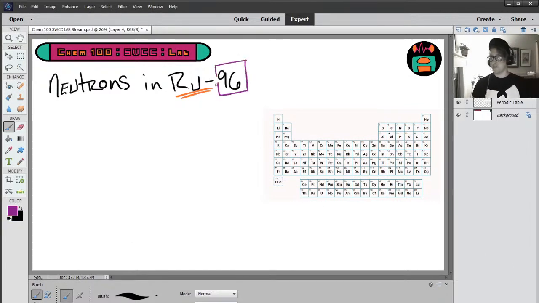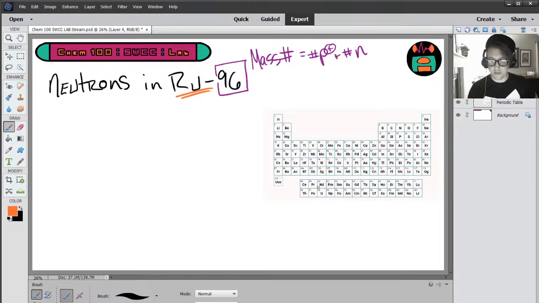This is the isotope name, Ruthenium 96. And this number is called the mass number. It is equal to the number of protons in the nucleus plus the number of neutrons. This is going to be part of the solution, but it's not all of the solution.